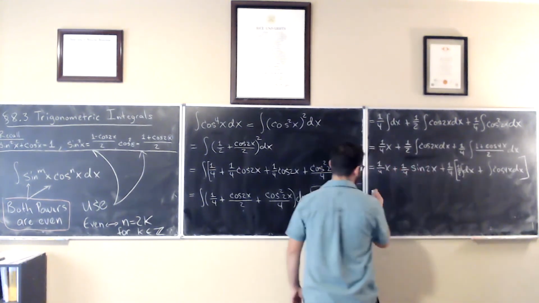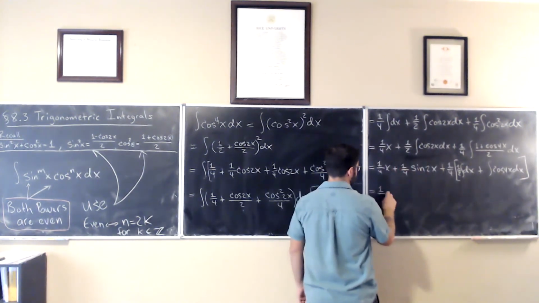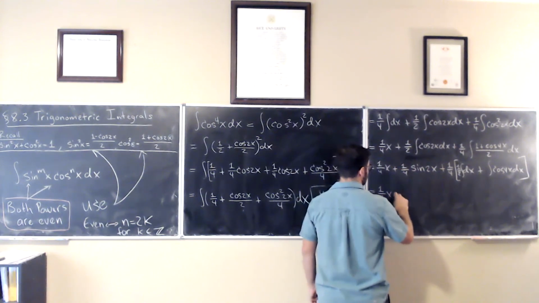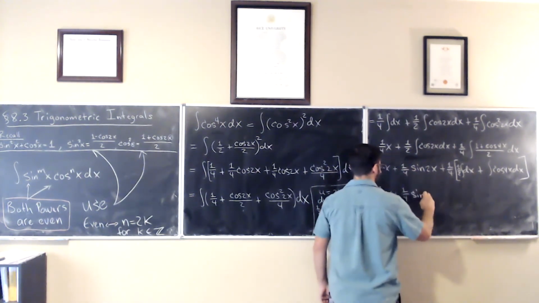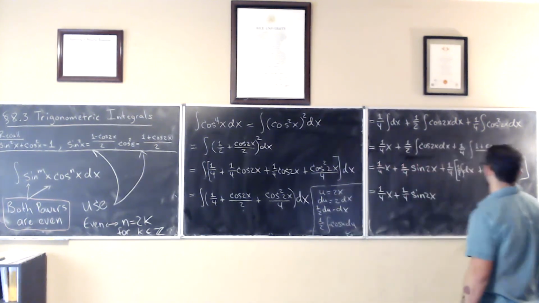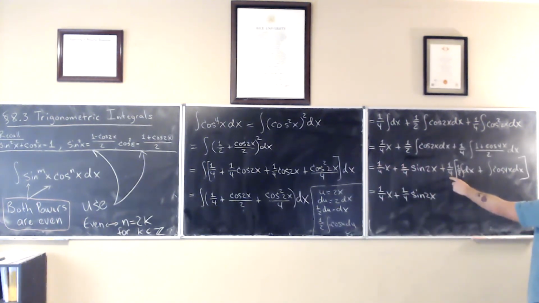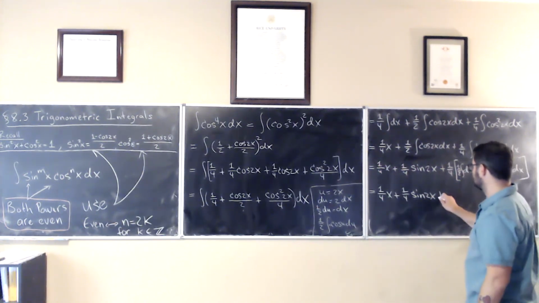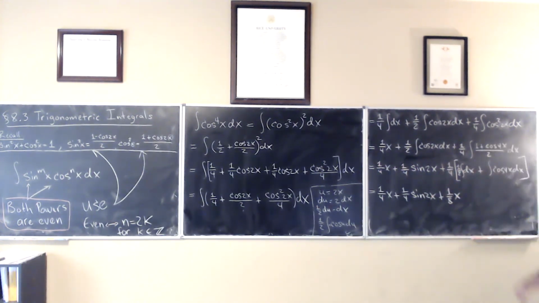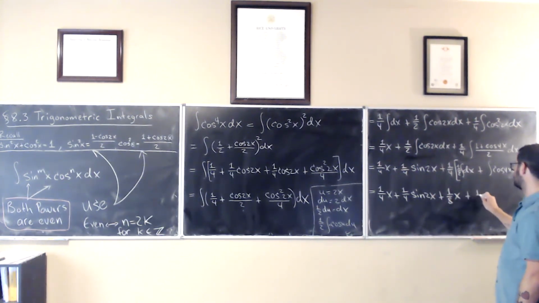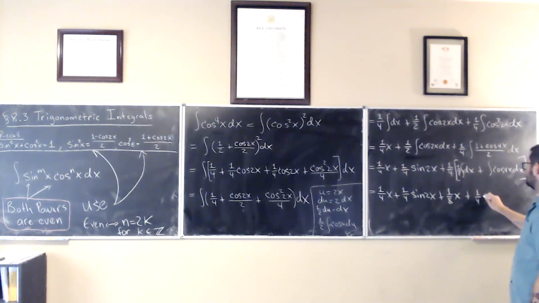Okay, so then let me write it all out. Now this would be x, this would be 1/4 times that, so 1/8 of x. And then if we integrate this, it's not hard to see that you're going to get 1/4 sine of 4x.